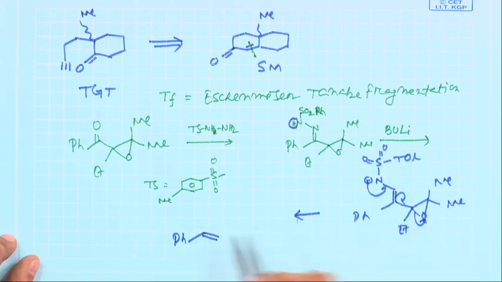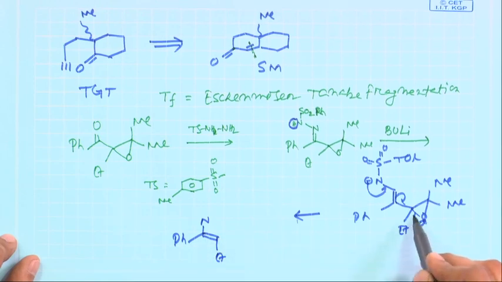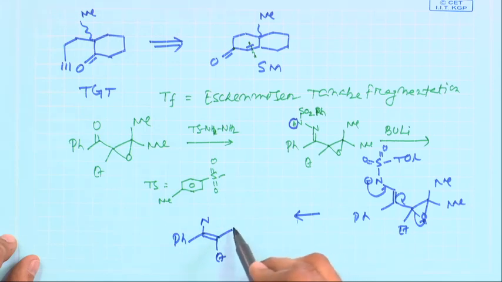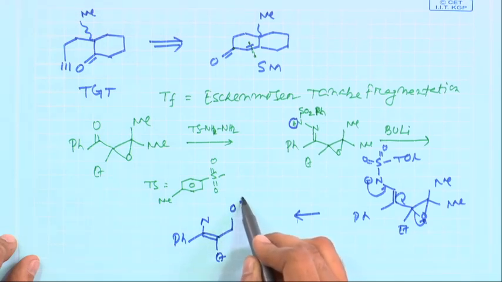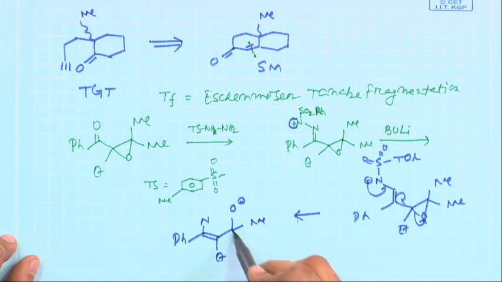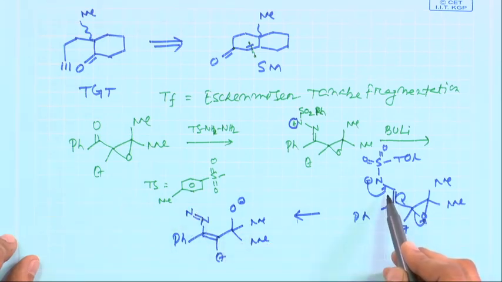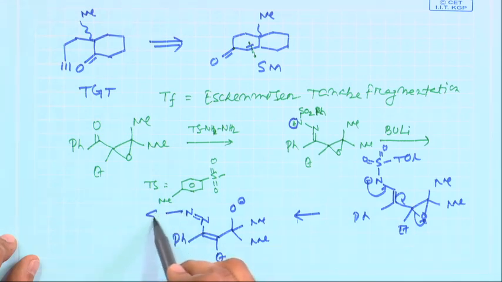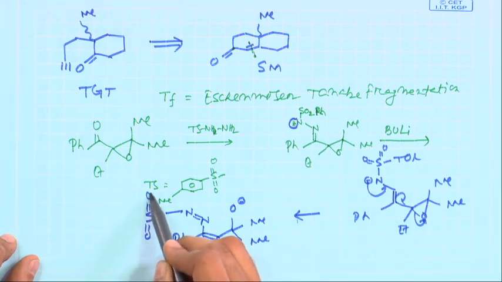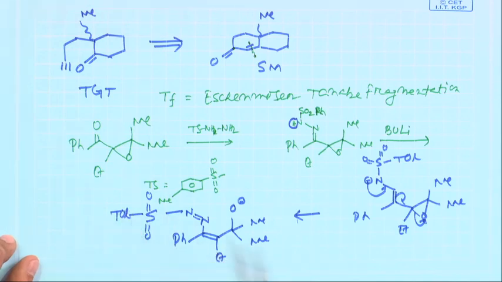This double bond is now created here, and then this ethyl group will be here, and as the epoxide opens up, you will get an O minus, a methyl, and then an N double bond N from this, and then you have this S double bond O and tolyl group. So, this was the main thing.